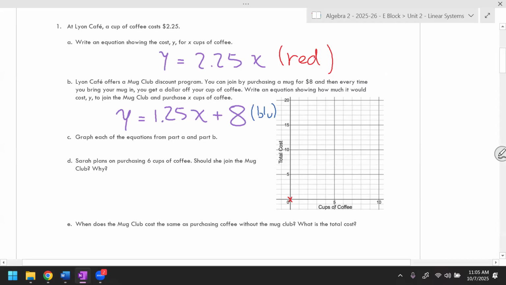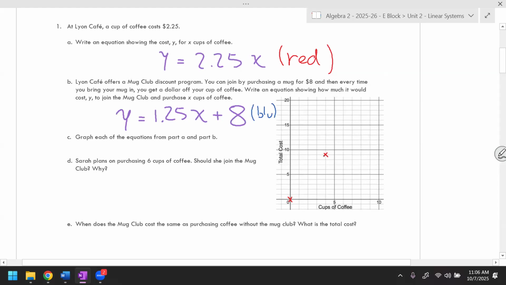And then how much does it cost for 4 cups of coffee with this? $9, right? So 2.25 times 4 is 9. Hang on, is it? For 4 cups at $2.25, yes, 2.25 times 4 is 9. Okay, here we go.